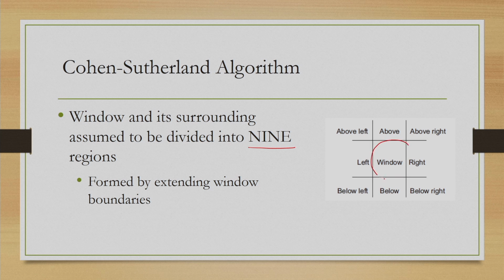So, this is the window, the central part, and then we have above left, above, above right with respect to the window, left, right with respect to the window again, and below left, below and below right with respect to the window position again. So, these 9 regions are assumed to represent the view plane, and how do we get the 9 regions? By extending the window boundaries as shown here.